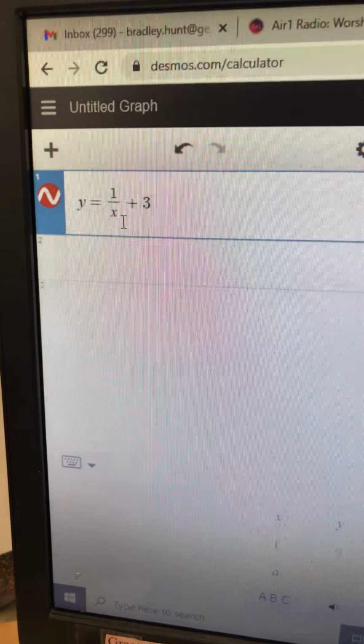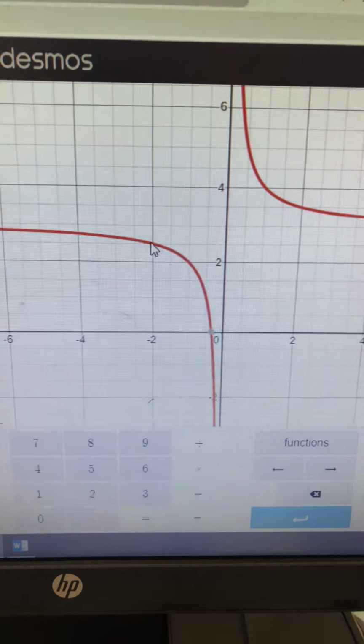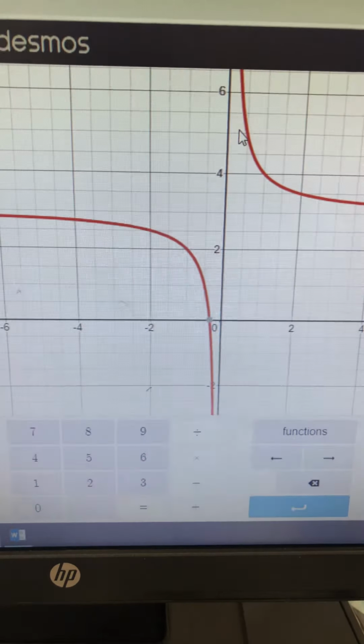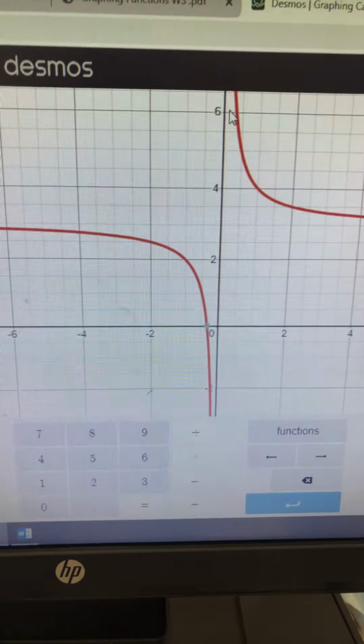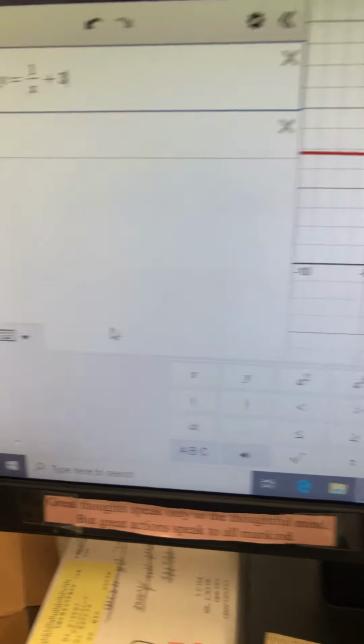No matter what your x values are, they have it graphed here for you. And you see what you've graphed is just this portion and this small portion of these two curves, okay? So you could check yourself.